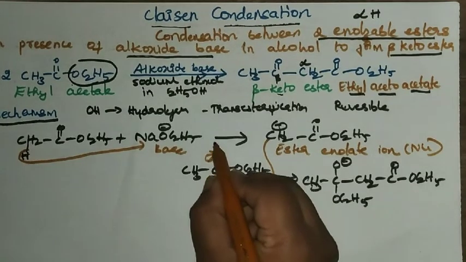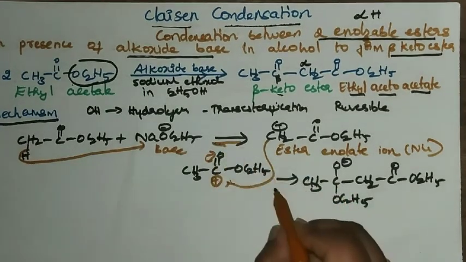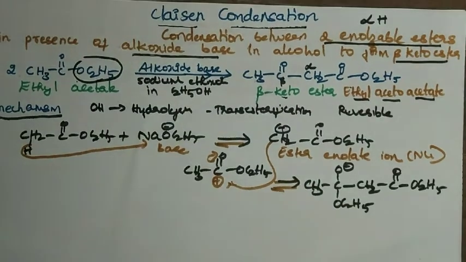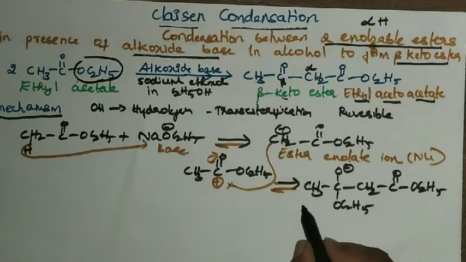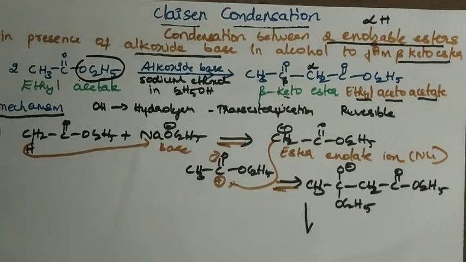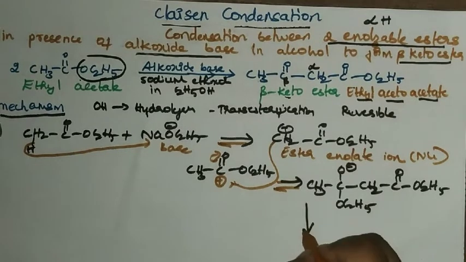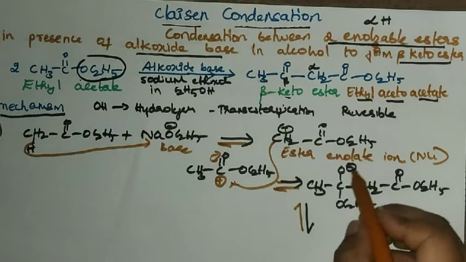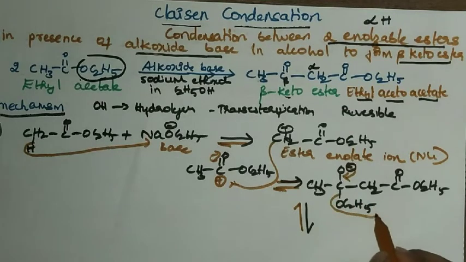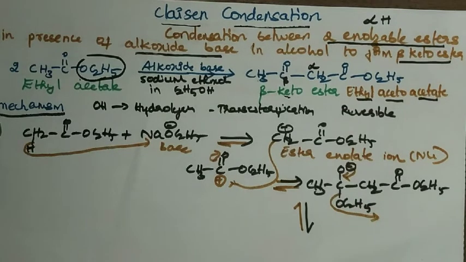As I told, these are reversible reactions. And now what happens in the next step? See, this is a reversible reaction, these electrons will come here and this ethoxide ion will go.